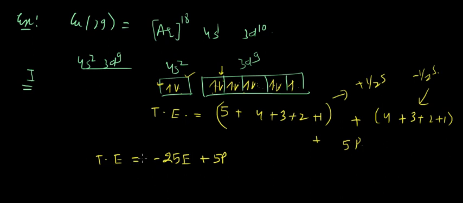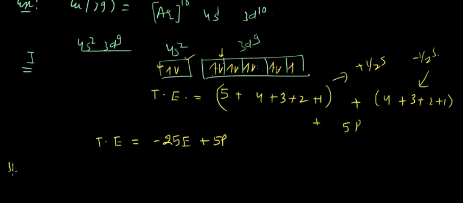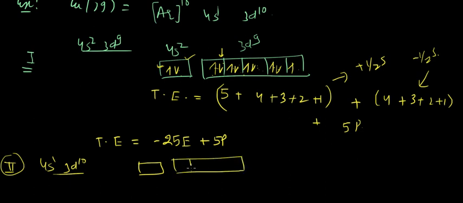Okay, and what about the case when we have the second configuration as 4s1 and 3d10? For 4s1 3d10 we would have something like this. This is 4s1, this will be 3d10, 1 1 2 3 4 5 6 7 8 9 10.